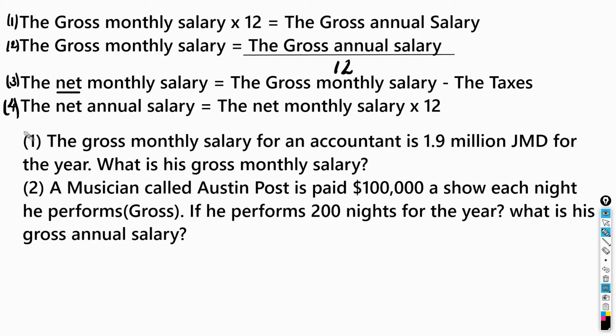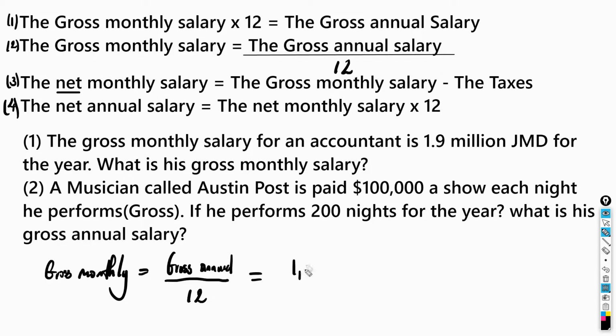Let's try to do these two examples using the formulas above. The gross annual salary for an accountant is 1.9 million JMD for the year. What is his gross monthly salary? Let's calculate that. His gross monthly salary should be equal to the gross annual salary divided by 12.